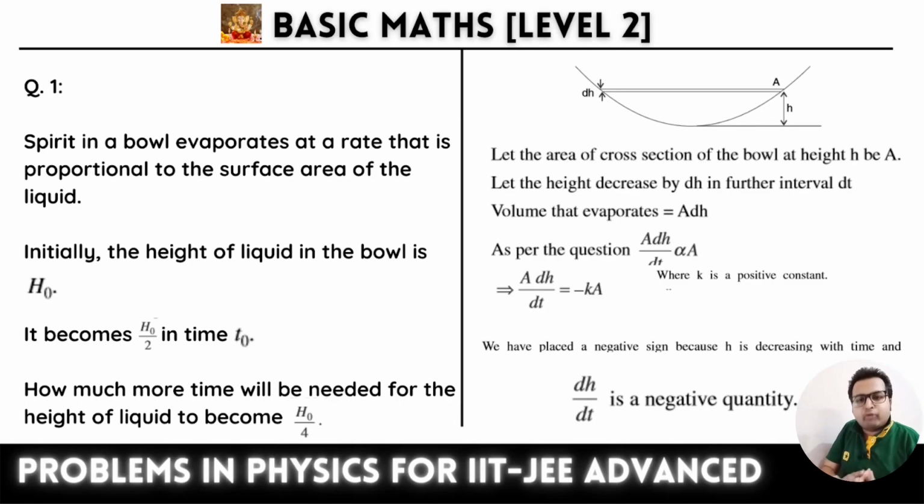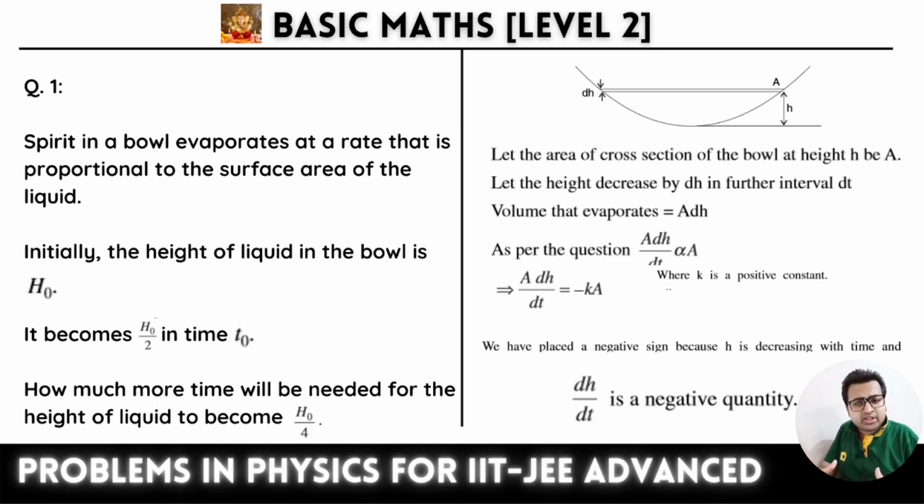And you know that volume is equal to area into length, or area into height. So definitely the volume of liquid that evaporates in time interval dt will be the area, that is capital A, and the height which gets evaporated, that is dh. So A dh.